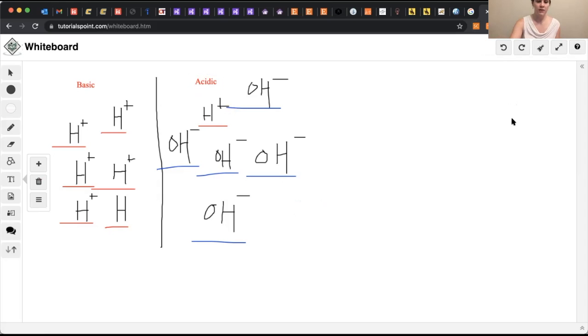Now, bear with me here. These are kind of funny examples, but if a solution is basic, we can determine that there will be a lot of hydrogen ions. Now think of someone you might call basic. Do you have a friend at school or someone you know who's kind of basic? She has to have everything, or he's like always on top of his game, has to be with every trend.